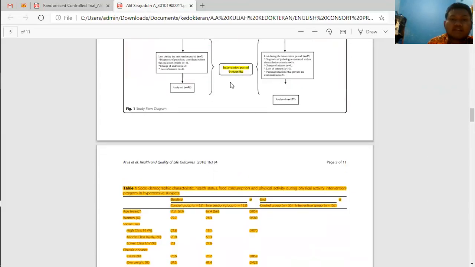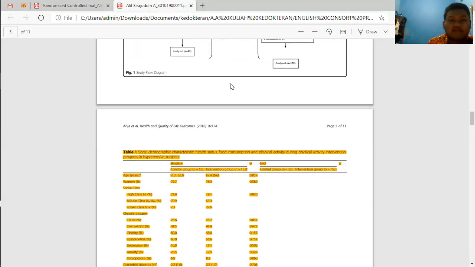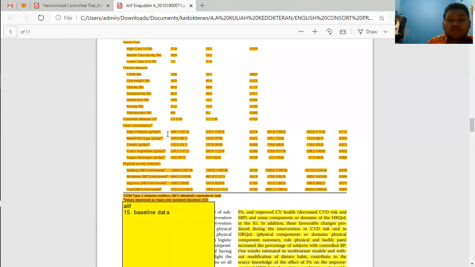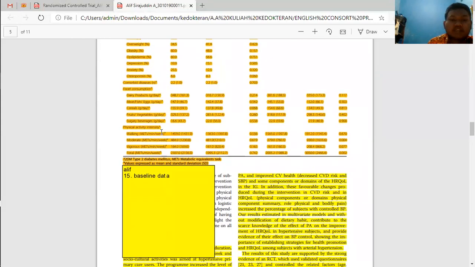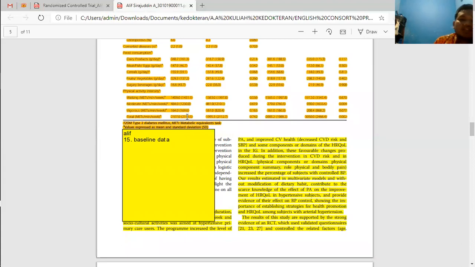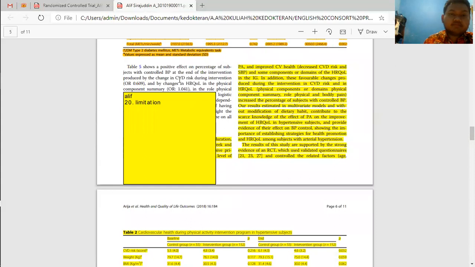Okay, this is the study flow diagram, and then it's the baseline data. When we say baseline data, it's part of the results. Baseline data is a table showing the baseline demographic and clinical characteristics for each group.